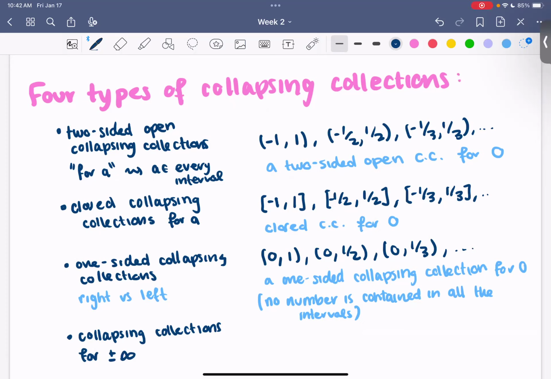So here's an example: something like 1 comma infinity, 2 comma infinity, 3 comma infinity, and so on. So again, there's no number here that's in all of them, but since infinity is the right endpoint in there, you say that that's a collapsing collection for infinity.